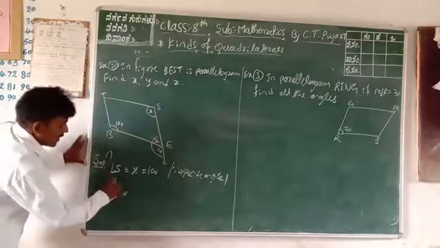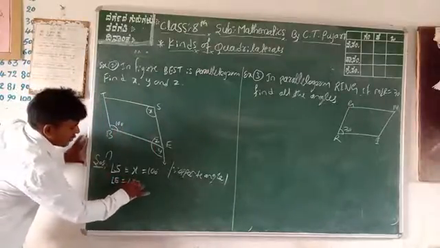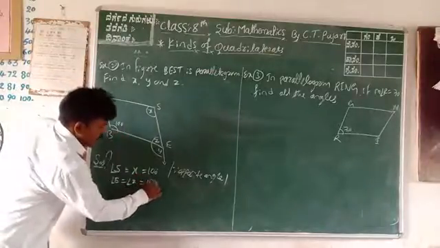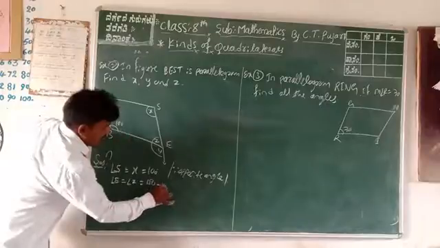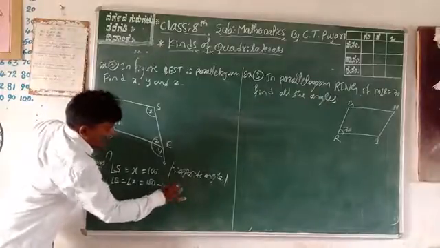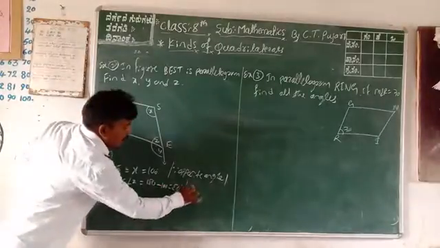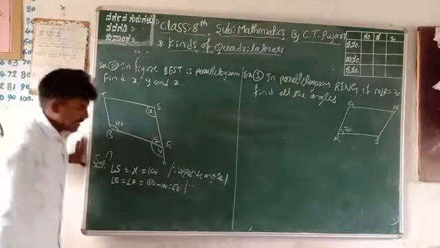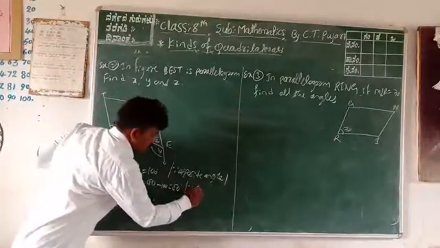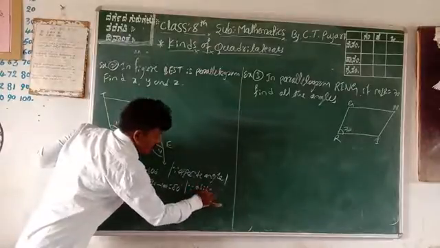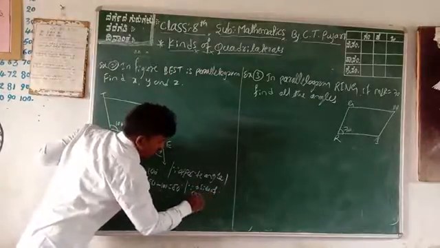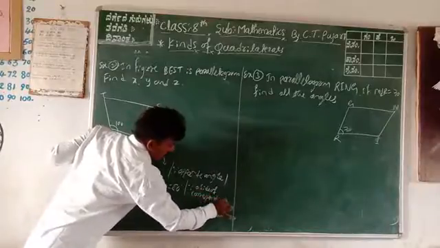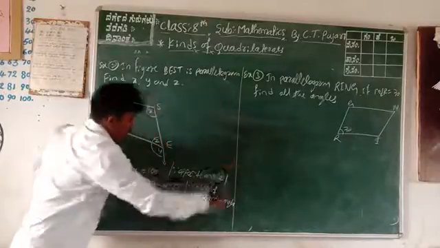Angle E, or angle Z, is equal to 180 degrees minus 100 is equal to 80, because the sum of corresponding angles on one side is 180.